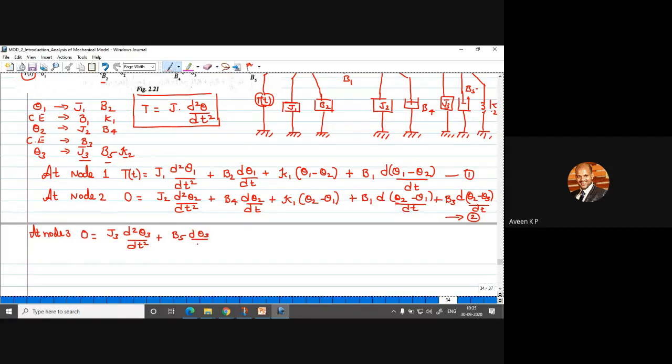Theta 3 with respect to dt, and I have K2 multiplied by the angular displacement theta 3 plus, now I have a common element, that is B3, differentiation of theta 3 minus theta 2 by dt.